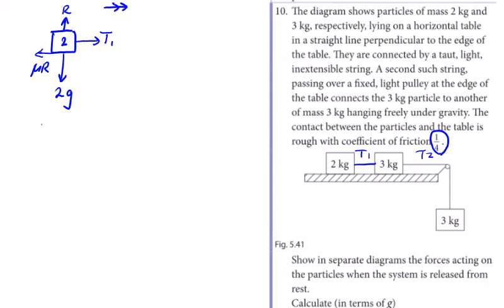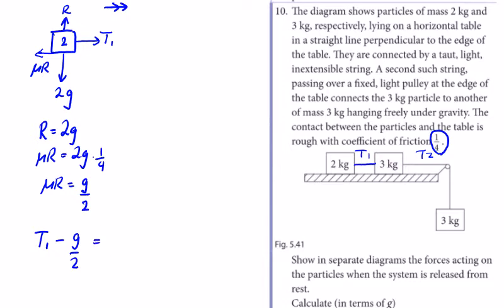So R is equal to 2g. So mu R is equal to 2g by a quarter, which is equal to g over 2. So my equation, T1 minus mu R, which is g over 2, is equal to ma, or 2a.